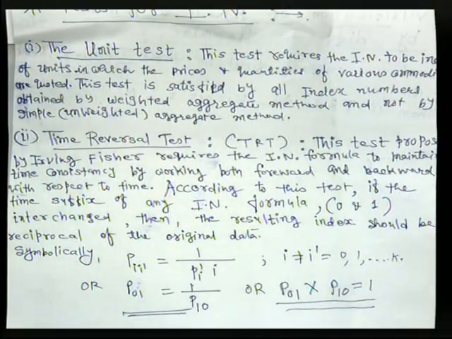Friends, what have we understood about this time reversal test? What is the procedure inside? The year, that is the time period, is important, 0 and 1. Let us take the original formula and denote it by P01. What do we have to do inside TRT? We just have to interchange 0 and 1. In the place of 0, we put 1, and in the place of 1, we put 0 in the original formula.